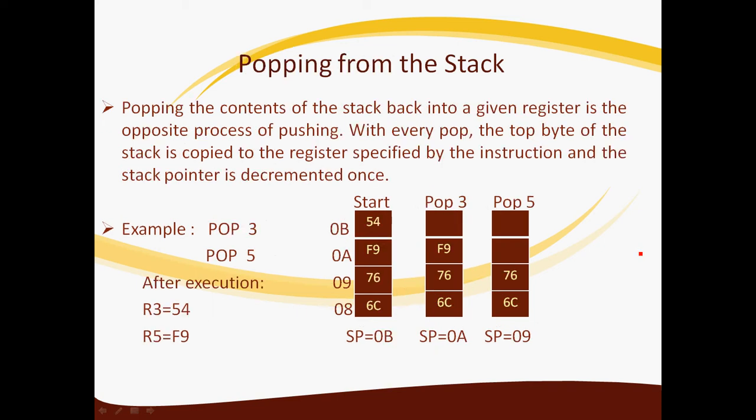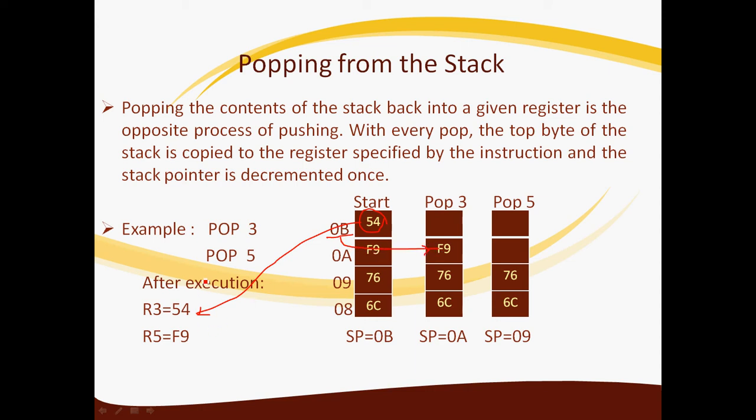Now how we retrieve the data from the stack, that is the pop operation. I've used POP 3, that means whatever data is stored in the location pointed by the stack pointer has to be moved to register R3. So 54 here is moved to R3, and in the next step the stack pointer is decremented by 1. The stack pointer here was pointing at 0B, it is now decremented by 1, so it points to 0A.